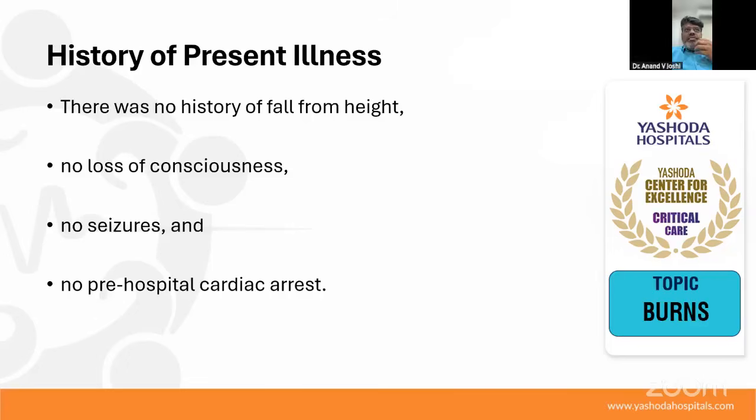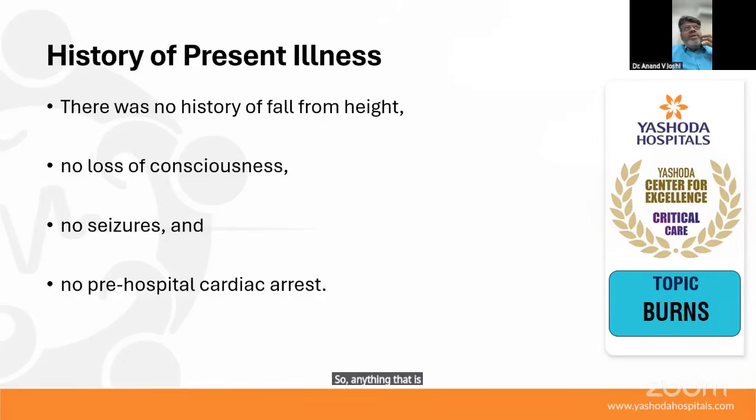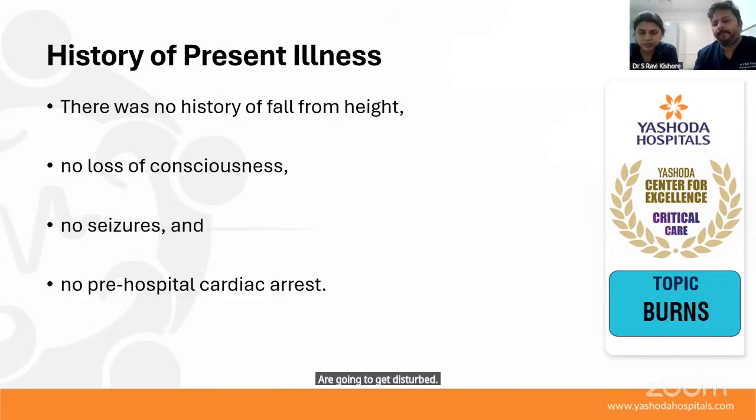See, basically what you are looking at is the huge electric current, right, which is passing through your body, correct? So anything that has an automatic electric circuit is going to get disturbed, right? Yes, sir. Okay.